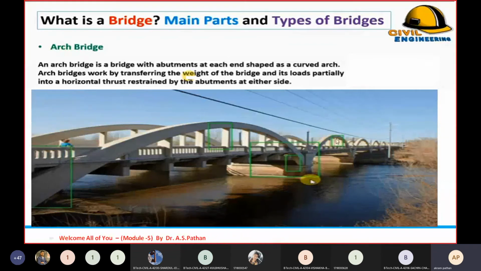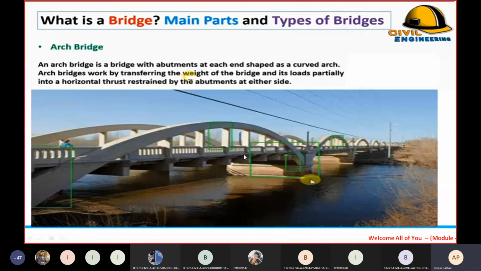Again we have the second arch, then two arches rest on the piers. Then again we have another arch. So in this way we are going to construct the arch bridges, and then in the middle portion we have the deck slab for the transportation purpose.